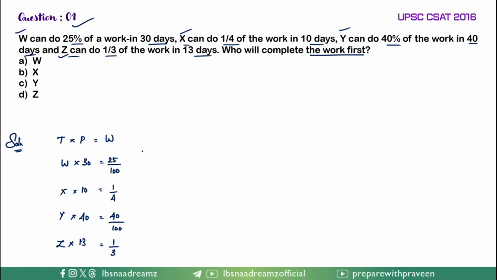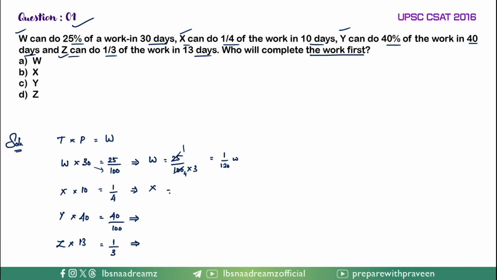To find the efficiency of W, X, Y and Z: W is equal to, so we will cross multiply this, 25 by 100 into 3, 1 by 4, which is equal to 1 by 120 works.